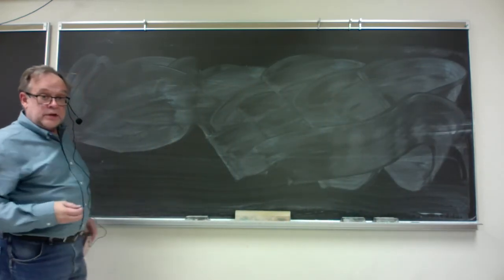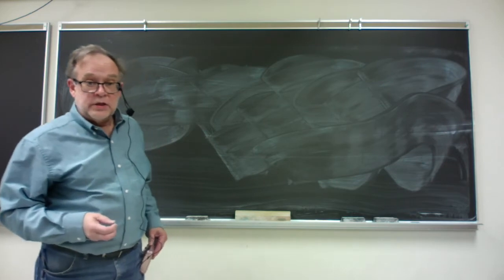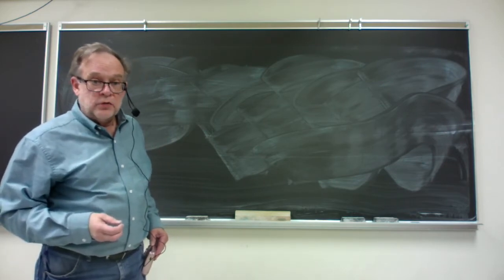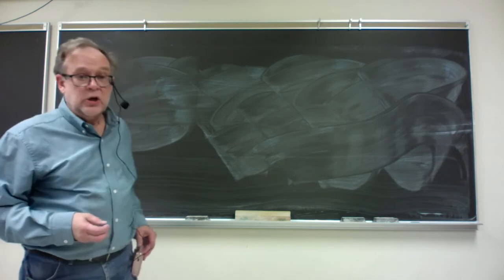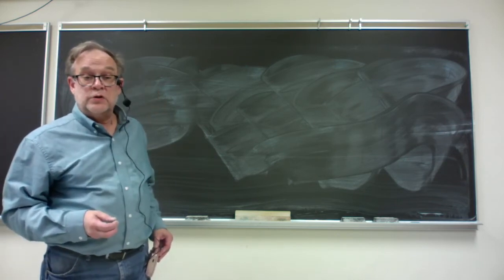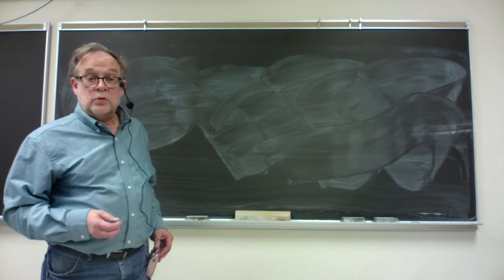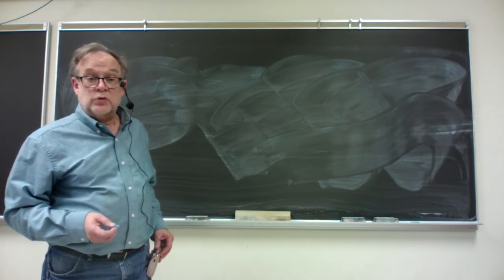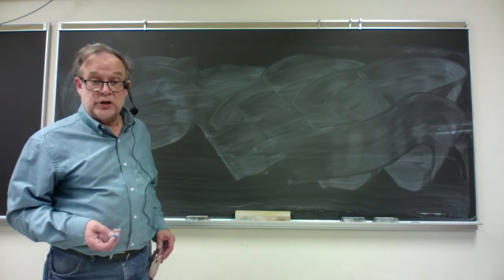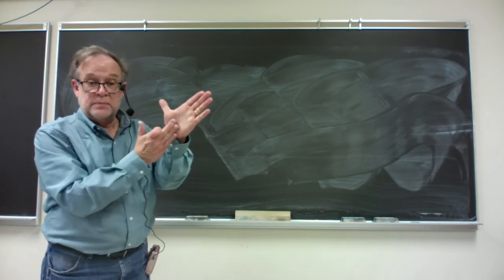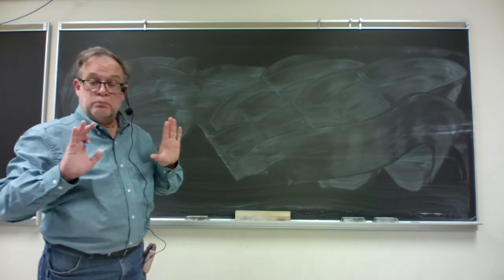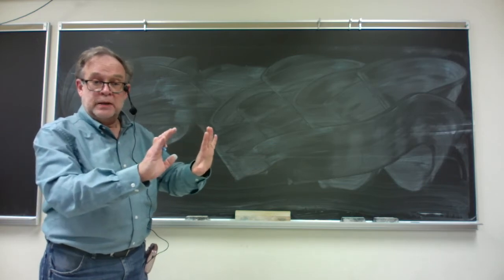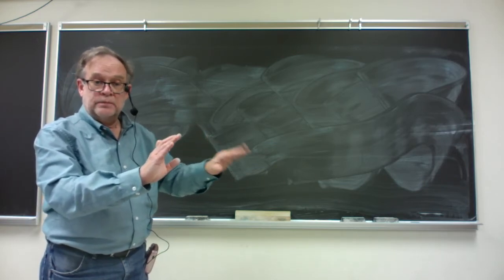So the first kind of friction force is called kinetic friction, or sometimes sliding friction. It happens when there are two surfaces sliding across each other. You're pushing a big box across the floor.